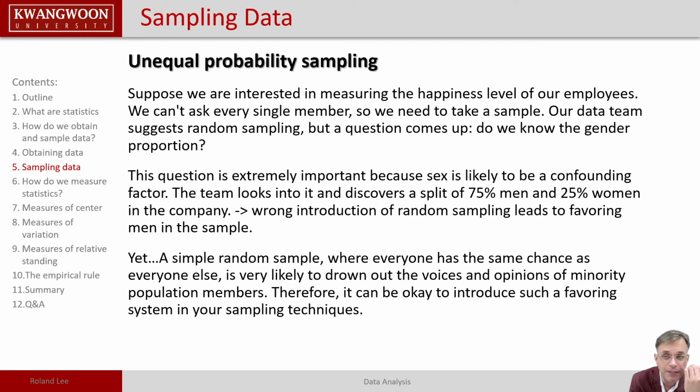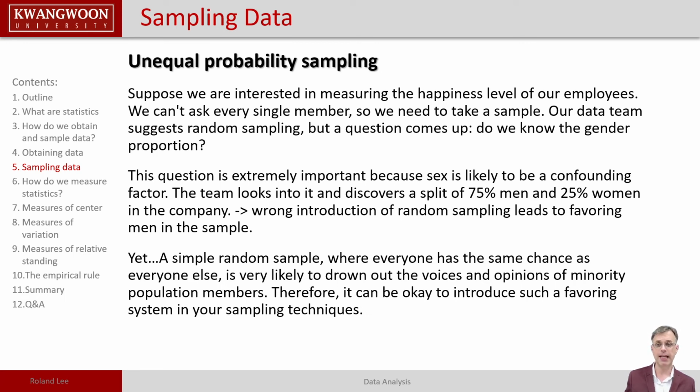Silence. This question is extremely important because sex or gender is likely to be a confounding factor. The team looks into it to discover the split, and they see 75% men and 25% women in the company.